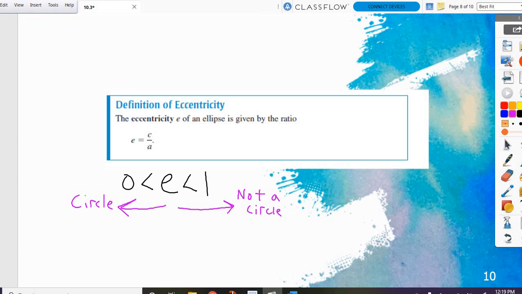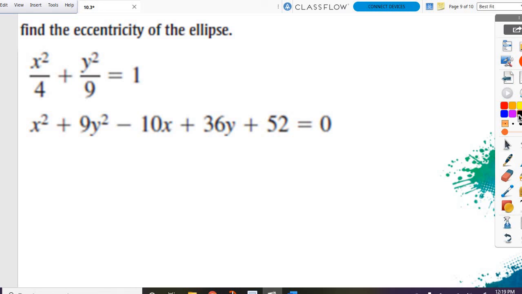Alright, so let's look at some eccentricities. The key thing that we're going to be looking for are our A and C values. On our first example, we can find our A and our B value pretty easily, but then we're going to have to use that handy-dandy equation that we've been using to help us find our C value.